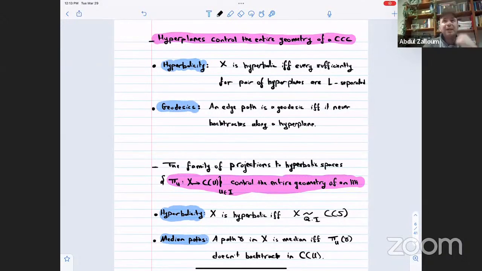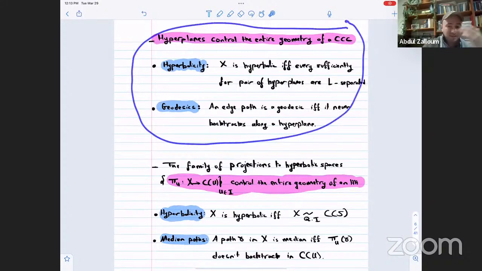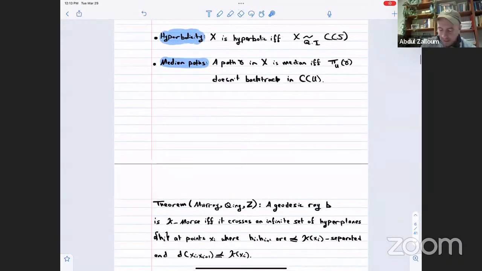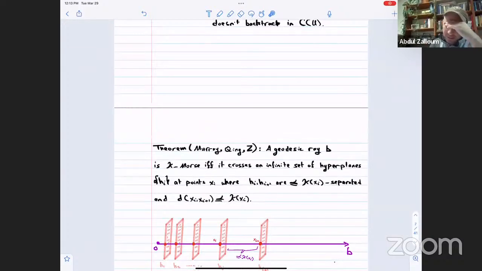Okay, so what do we care about in this conference? We care about going to infinity. One of the things we care about is the sublinearly Morse boundary and the sublinearly Morse geodesics. So a natural question to ask is, how are sublinearly Morse geodesics characterized in CAT(0) cube complexes? The claim is that they can be characterized via hyperplanes. So let's see that. This is a theorem due to myself, Devin Murray, and Yulan Cheng.